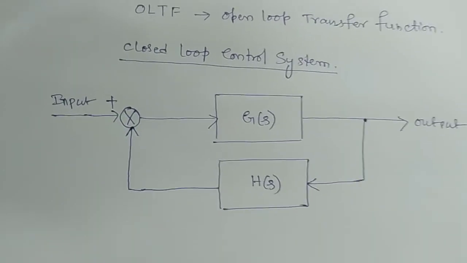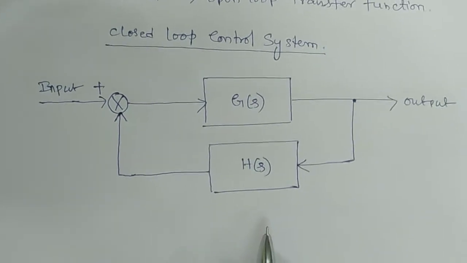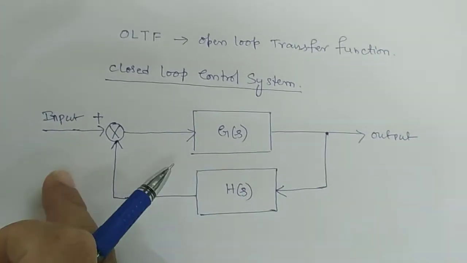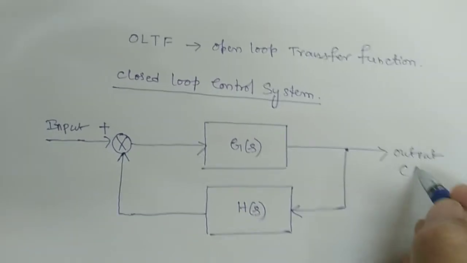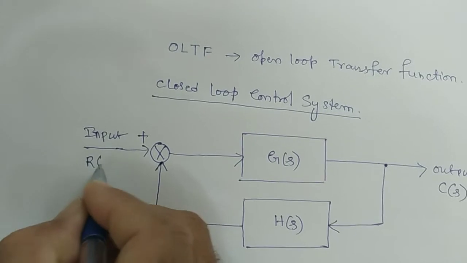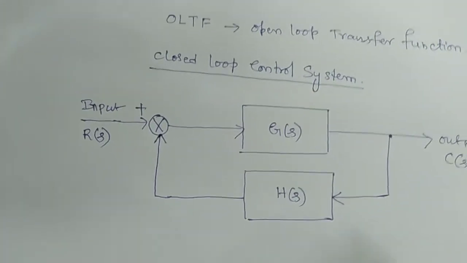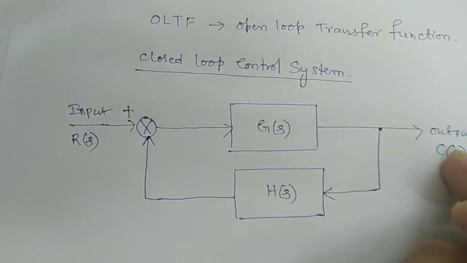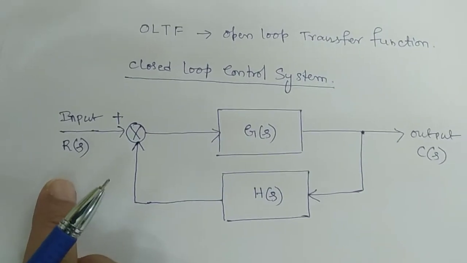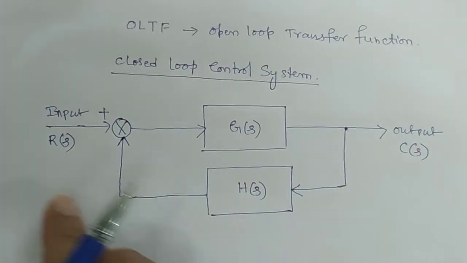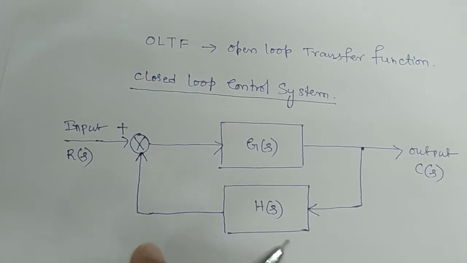In my last lecture, we derived the relation of output to the input. Here the output is C of s and the input is R of s. In the last class we saw the ratio of C of s to R of s with positive feedback.